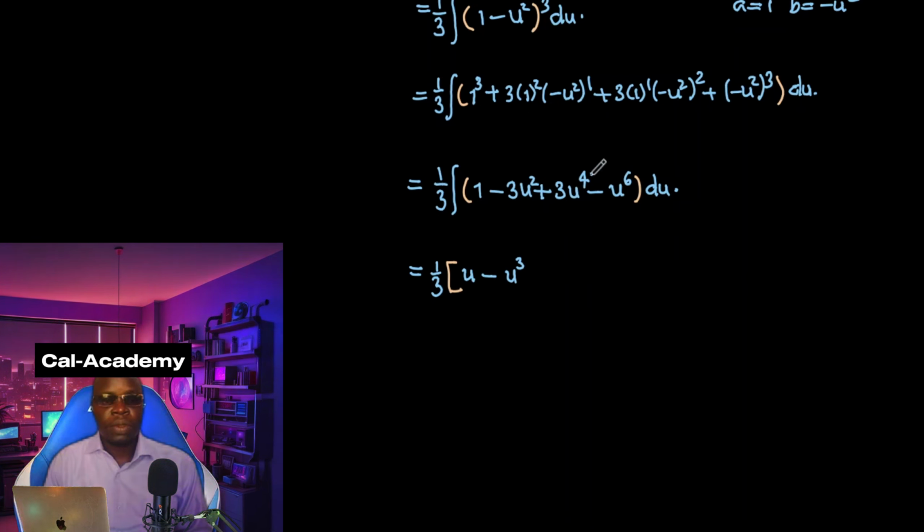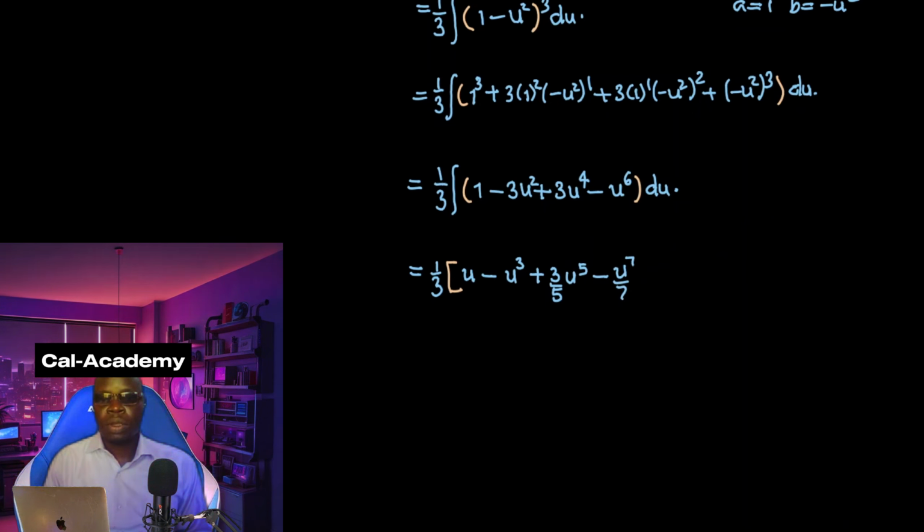Now here, this one goes to power of 5. So we have plus 3 over 5 u to the power of 5. And next, we have to the power of 7. So we have u to the power of 7 over 7.